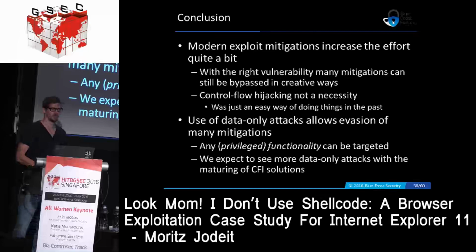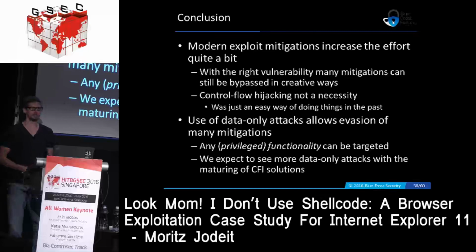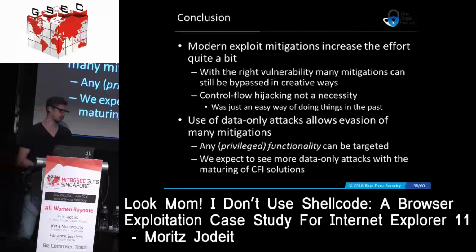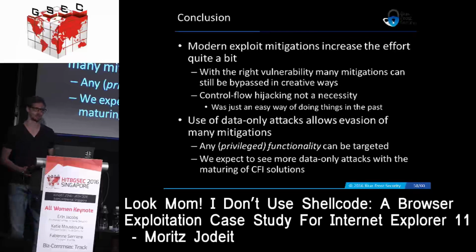So my conclusion is, of course, modern exploit mitigations increase the effort quite a lot in order to build exploits. However, with the right vulnerability at hand, it's still possible to bypass many of these mitigations. And many people think that once CFG is really hardened and there are no easy ways of bypassing CFG, then exploitation will be over.